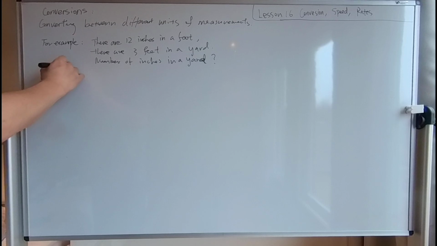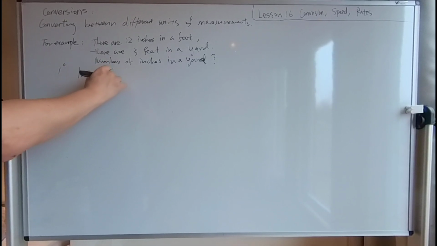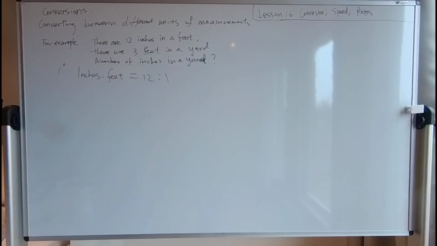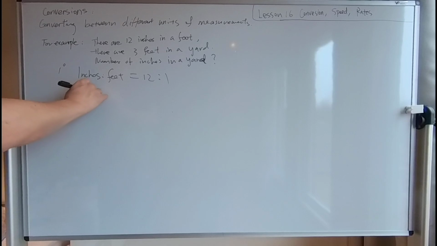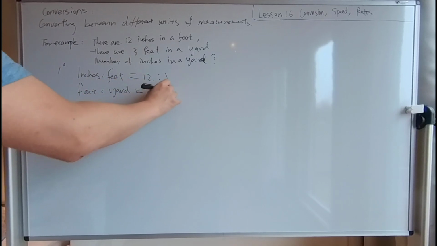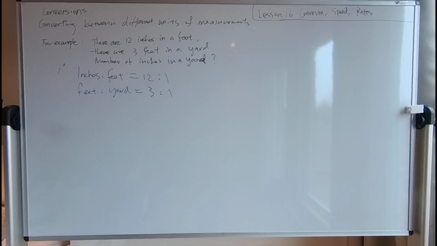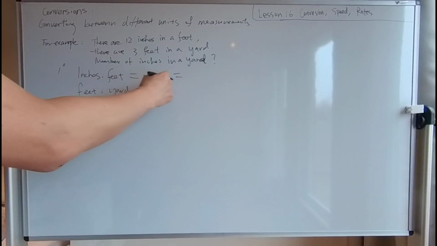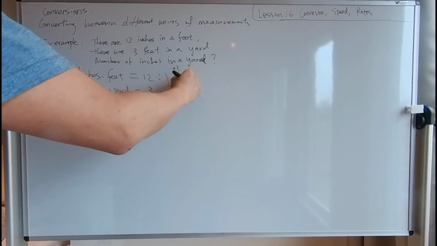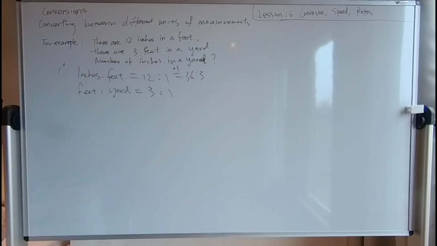Right, so first of all, we know the ratio 12 inches in 1 foot and 3 feet in 1 yard. Then inches to feet, 12 versus 1, is equivalent to, if I multiply by 3, 36 versus 3.